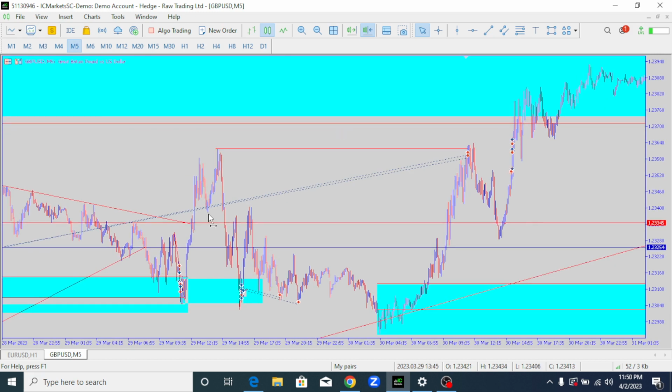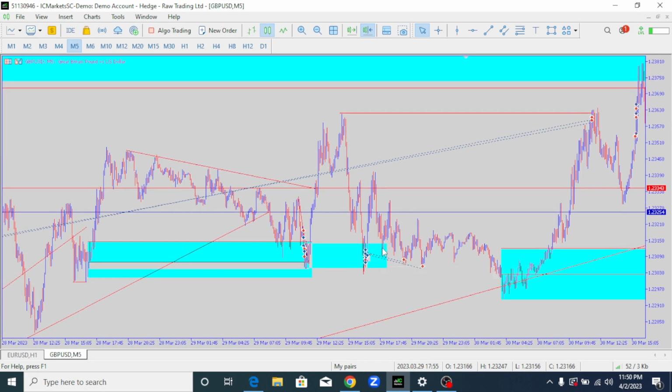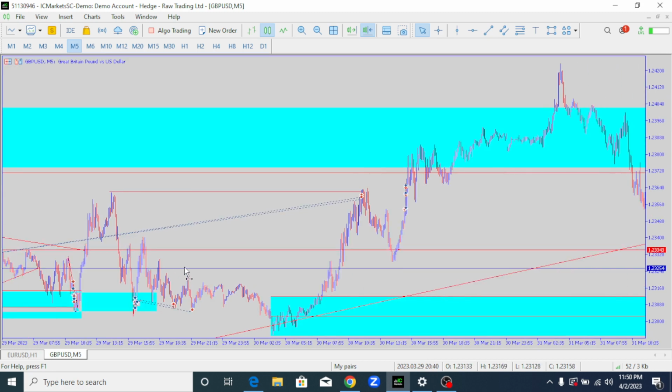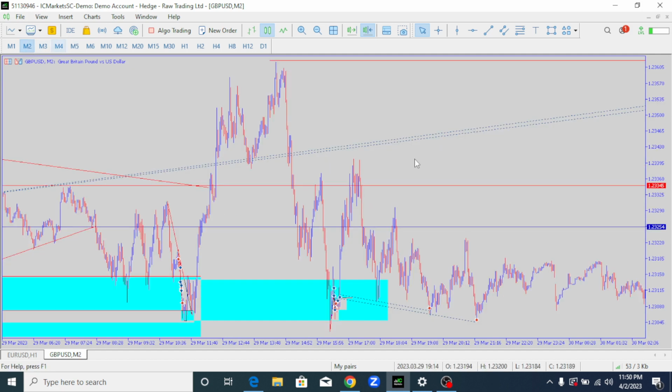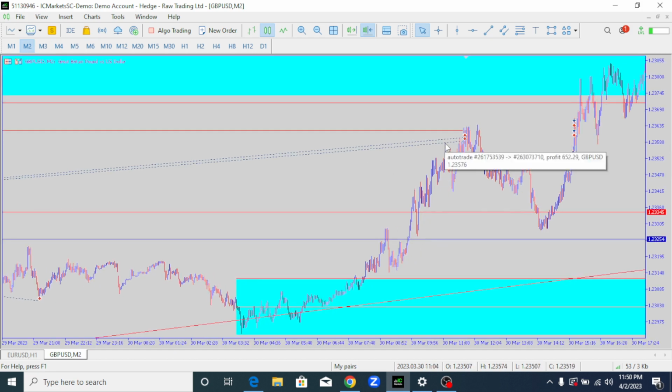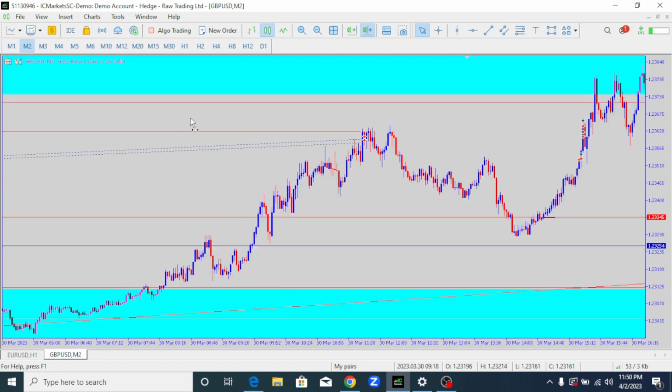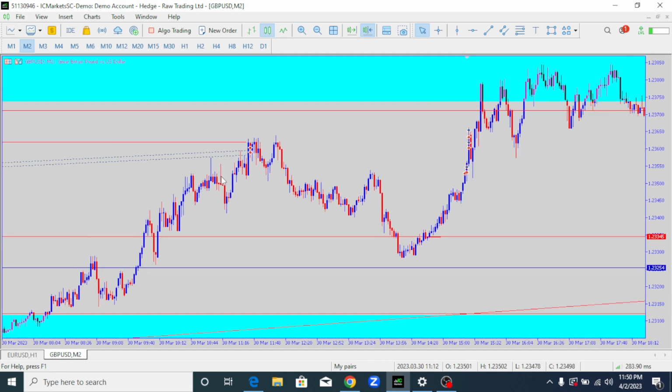So after the price broke structure, after this point, you see, I took this as a sweep and I saw the price distributing around this area, and I waited to sell around this area.